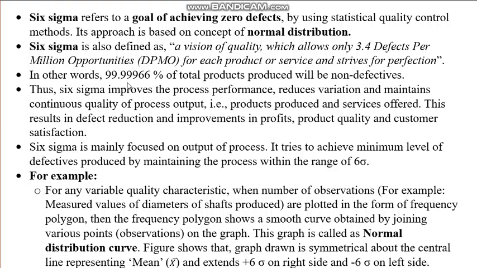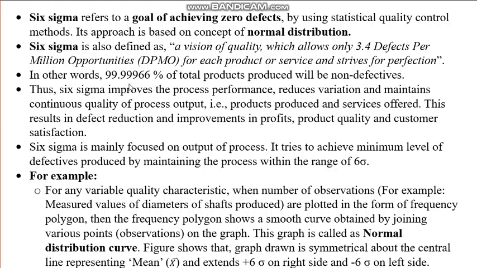But 99.999, three 9s after the decimal, 66%. For such a total of products produced to be non-defectives, how difficult it is, how capable your process should be.